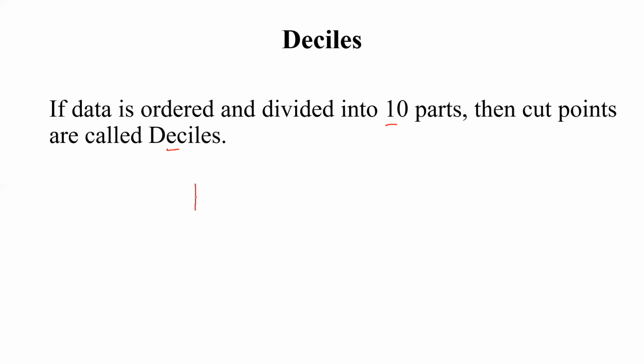Suppose this is the whole data we can understand here. And in deciles, the whole data set is divided into 10 equal parts. The first cut point is D1, known as the first decile. Then the second point is known as the second decile, the same way third decile, fourth decile, fifth decile, sixth decile, seventh decile, eighth decile, and ninth decile, D9.